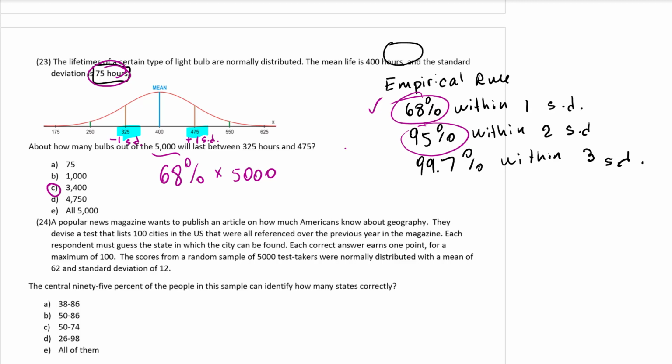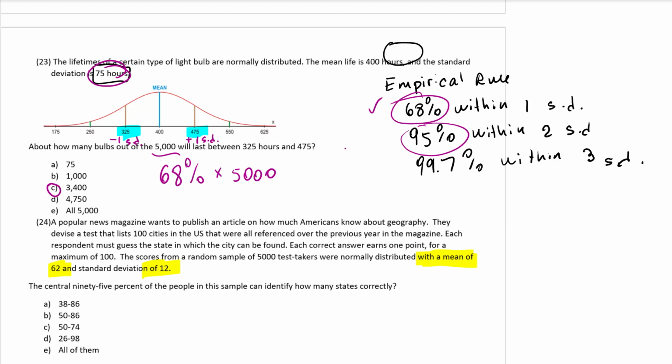Each correct answer earns 1 point for a maximum of 100. The scores from a random sample of 5,000 test takers were normally distributed with a mean of 62 and a standard deviation of 12. So you see a lot of blah, blah, blah, but the most important part is at the end, that the average is 62 and the standard deviation is 12.